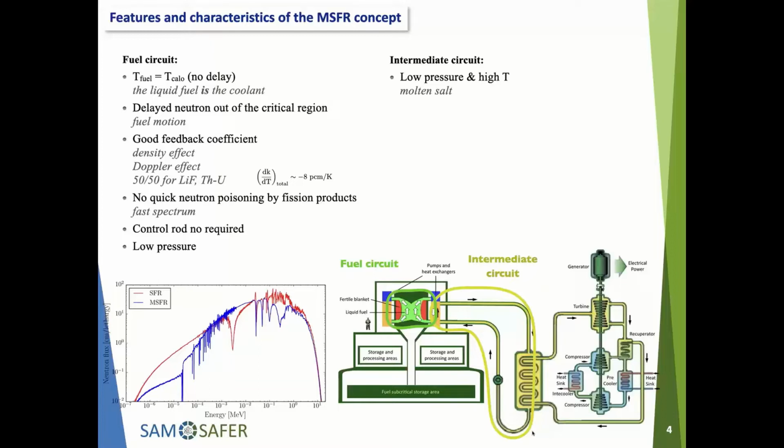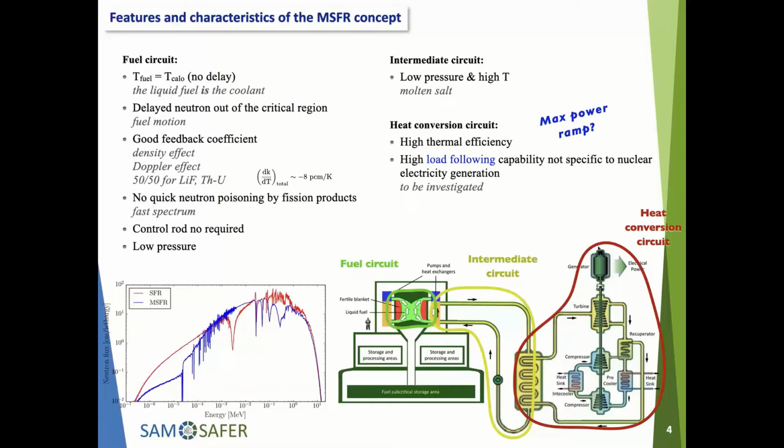And finally, we have the heat conversion circuits, in red on the figure, with a high thermal efficiency, and of course high load following capacities, which are not specific to nuclear electricity generation, so which have to be investigated. And the idea is to determine the maximum power range that we can reach with this reactor.